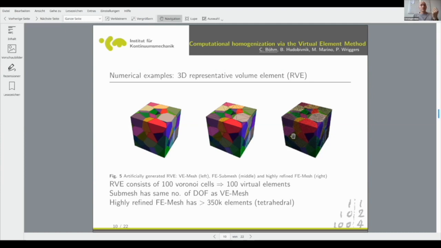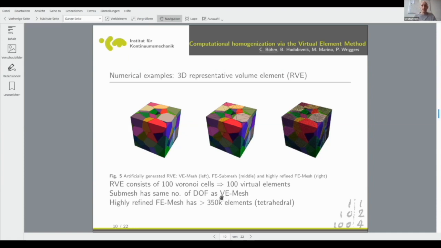And what we want to do now is to compare the volume average of this macroscopic homogenized material matrix, this G bar, for different approaches. So the first approach is the VEM computed on the Voronoi cells.